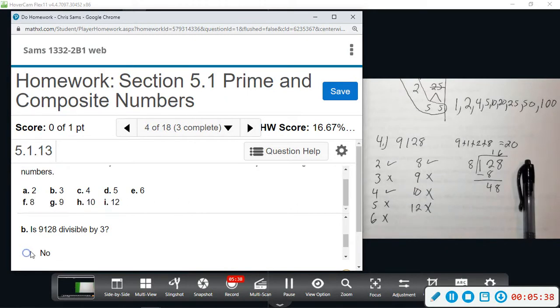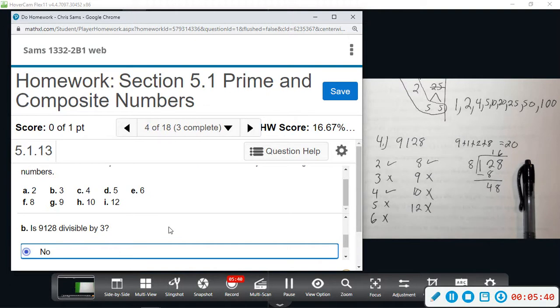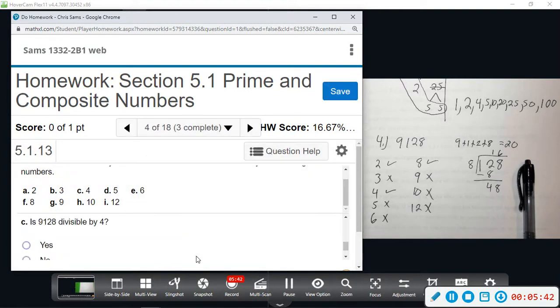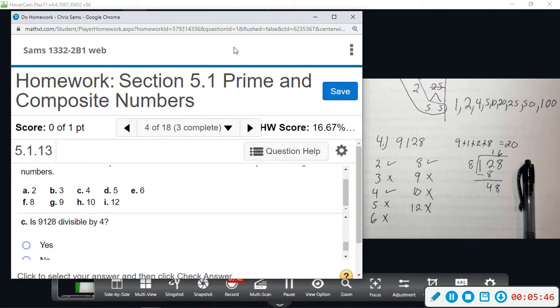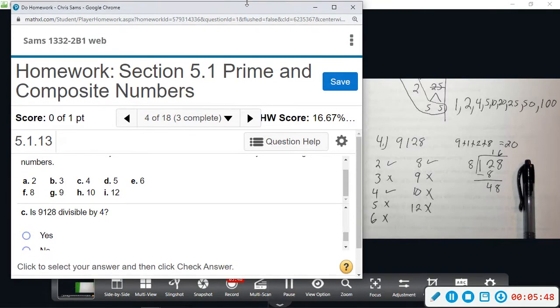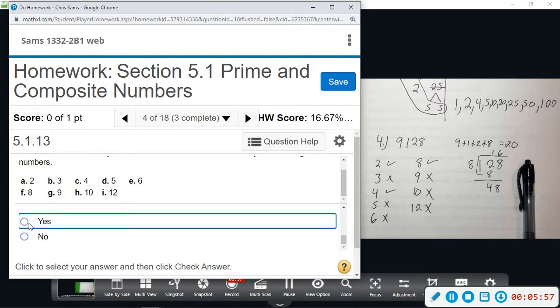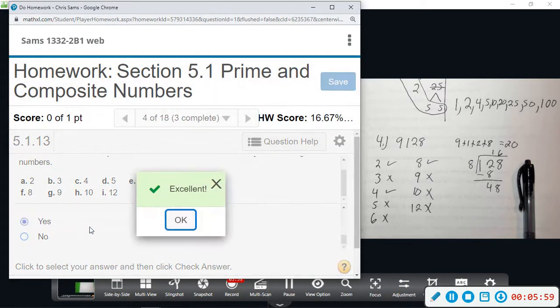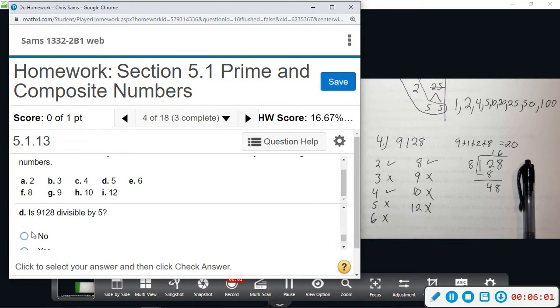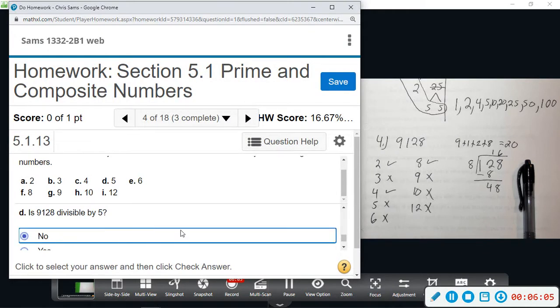So divisible by 3, we say no, enter. Some space so I can see yes and no. Just going to scroll down a little bit. Alright, divisible by 4, yes. Divisible by 5, no. I'll have to put in the right answer at the top for me.